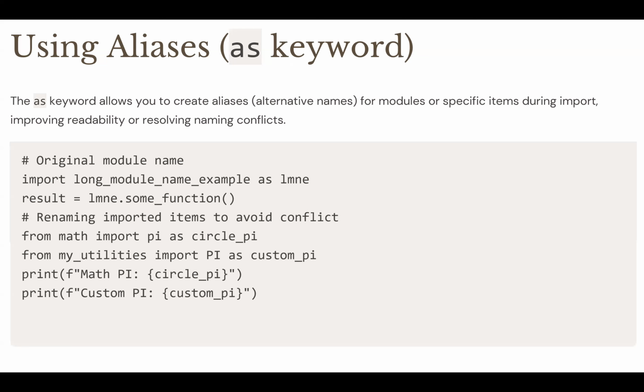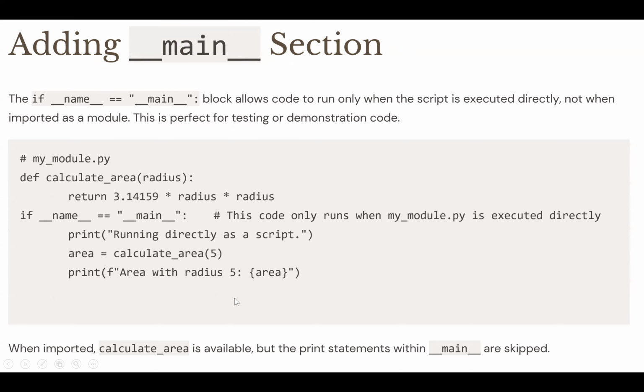If you are using it for finding the area of a circle, then rename it as circle pi. If you are using it for some custom purpose, then use it as custom pi.